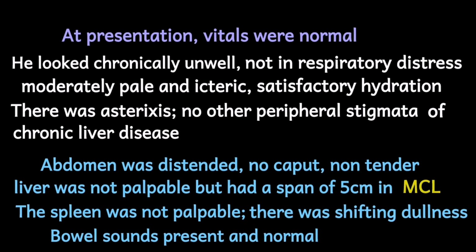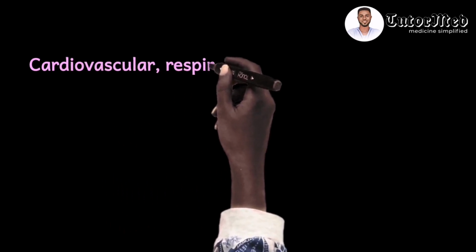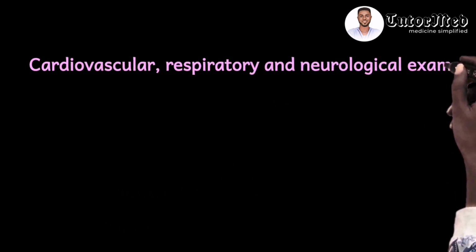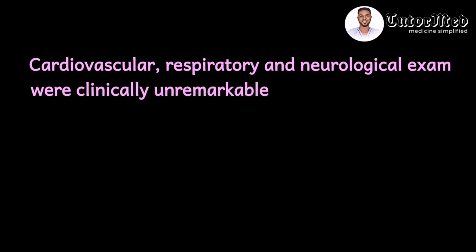The fact that there was shifting dullness supports the moderate ascites. Now, because I didn't find anything significantly abnormal on the rest of the examination, I say the cardiovascular, respiratory, and neurological exam were clinically unremarkable.